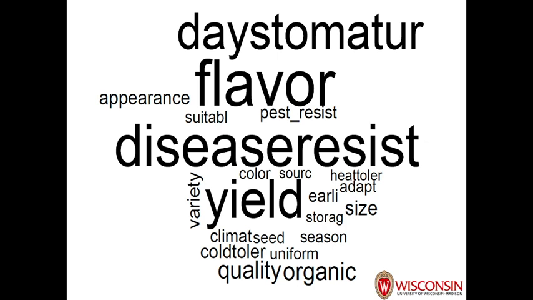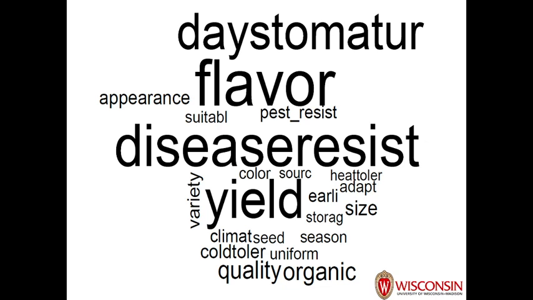So interestingly, the way to interpret this graphic is that the larger the font, the more people responded with this quality as the thing that they are most interested in knowing before they try a new variety. And flavor was something that people were very interested in. They wanted to know, have other people tried this, and does it taste good?